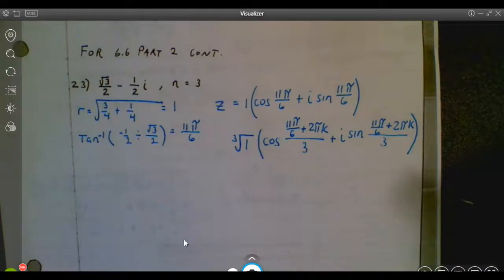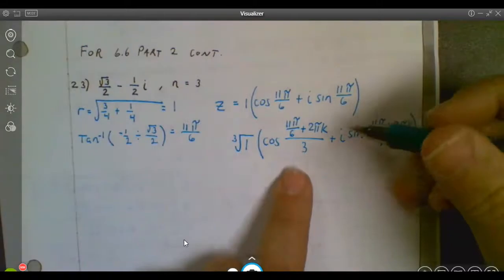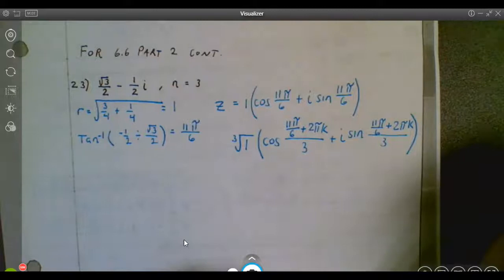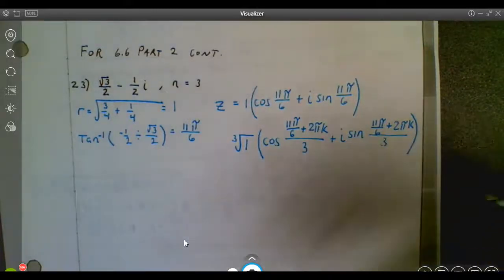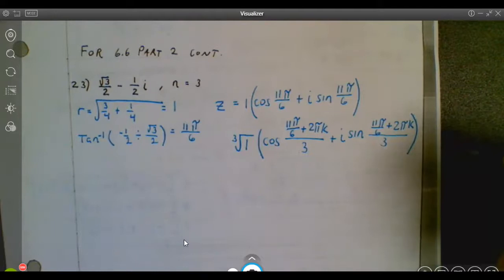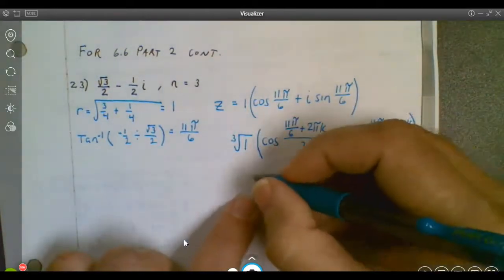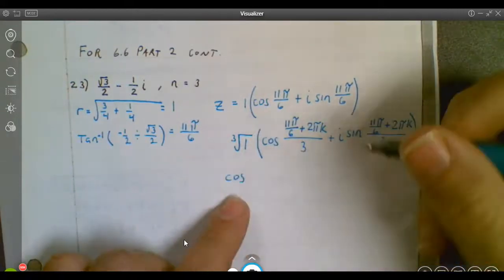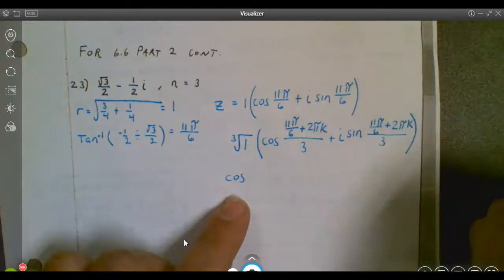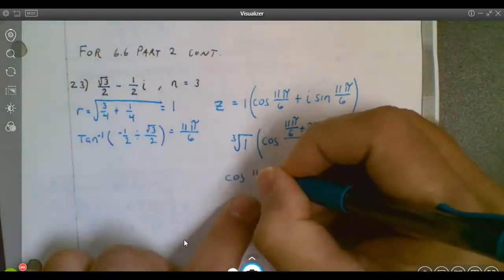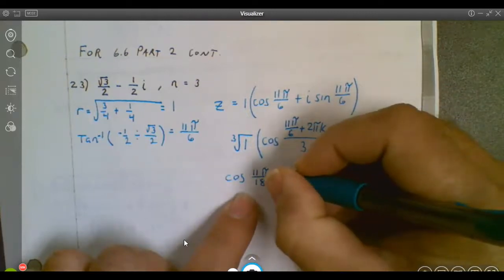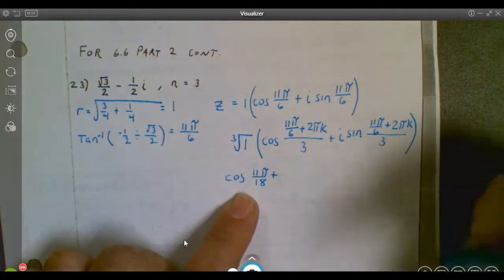So 0, 1, and 2 are going to give us the 3 roots that we're looking for. On this one, they might clean this up a little bit before you start plugging in numbers for k, but you don't have to do that. That's just a way of maybe saving you some work. So as far as the angle goes, I could reduce this right here to be 11 pi over 18, and that would just stay 2 pi over 3 k.